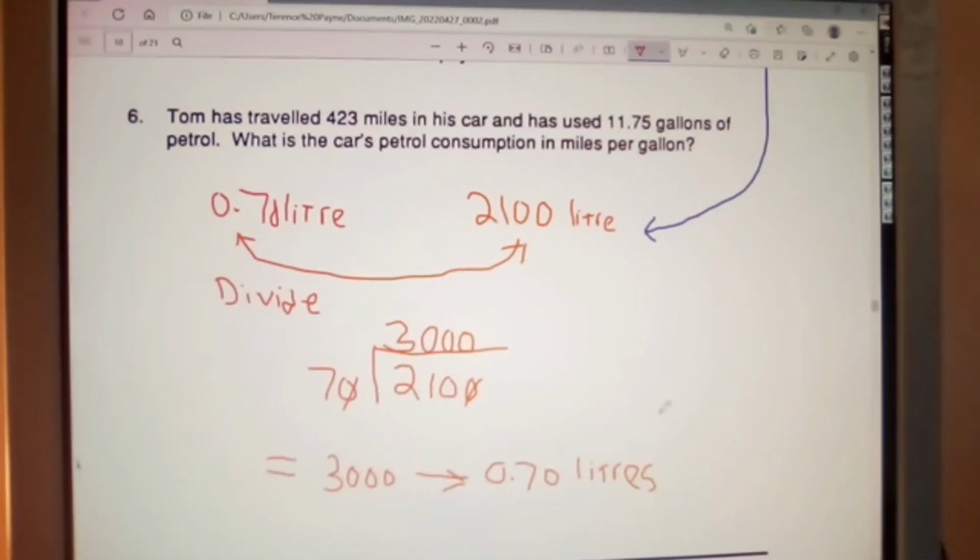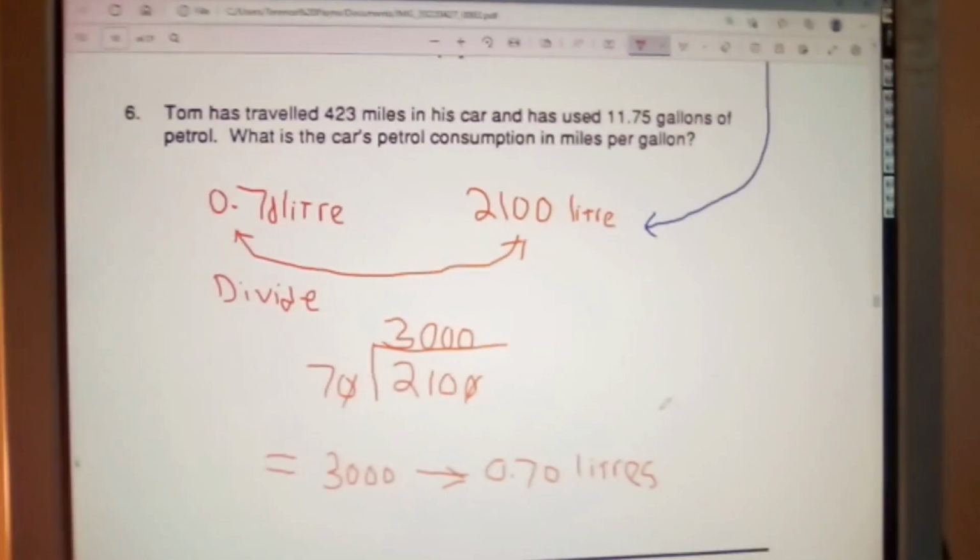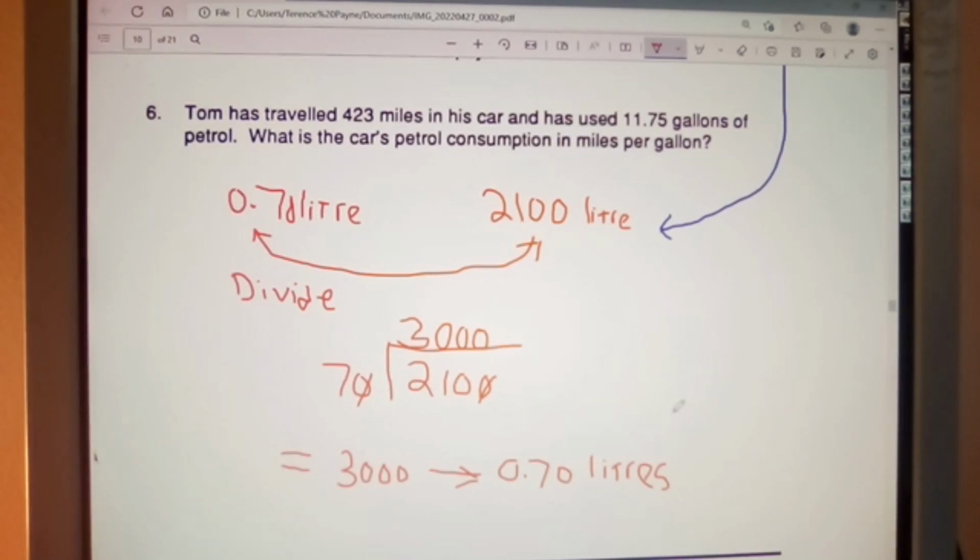When I cut this off here, it shouldn't make much difference.